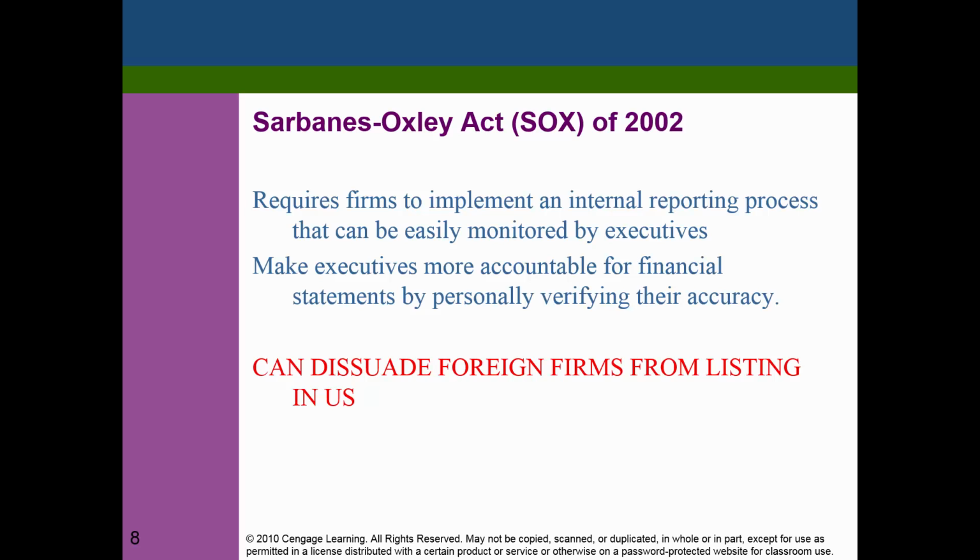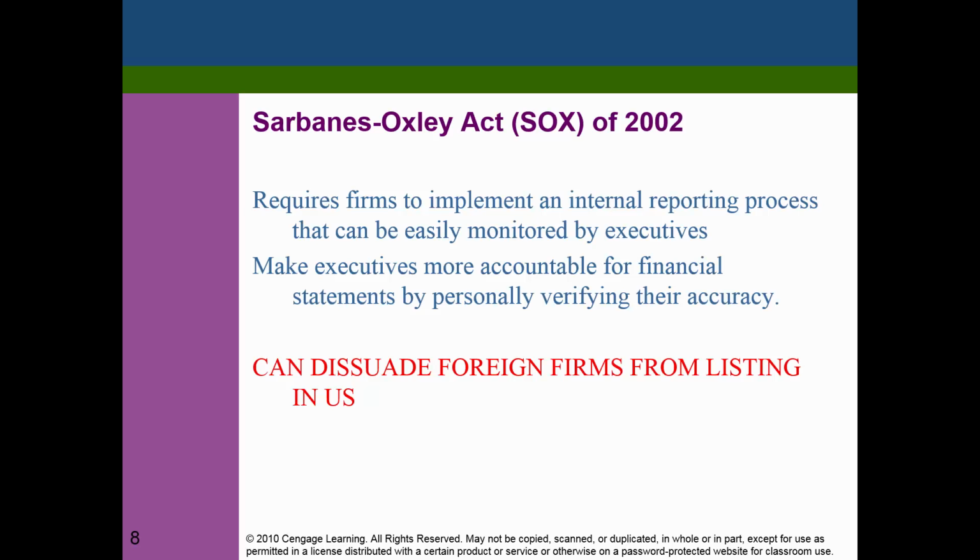So what we see here is that because of some of the mismanagement that took place at companies like Enron, MCI, WorldCom, and so on, where there were a lot of accounting irregularities, the legislature in the US decided to come up with some rules that would make it more difficult for managers to do such things, and they would be personally responsible for any of those actions.